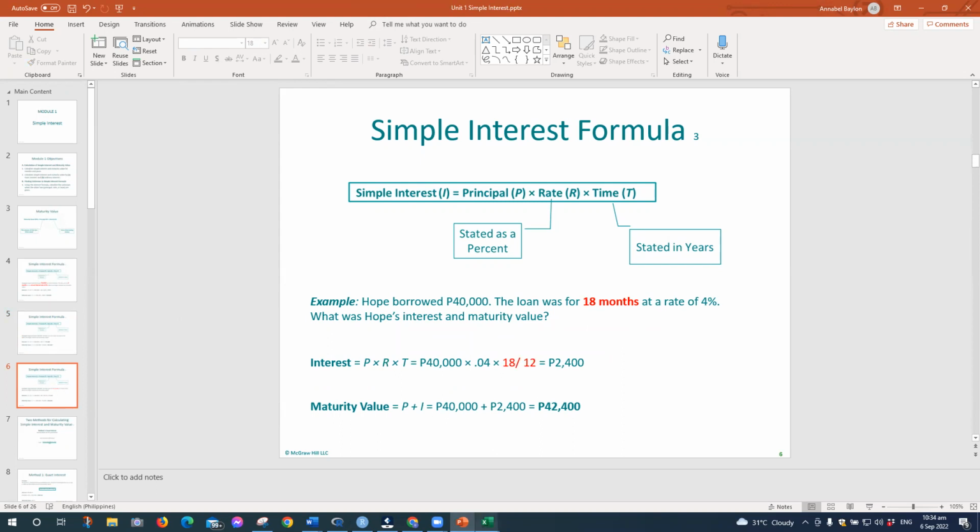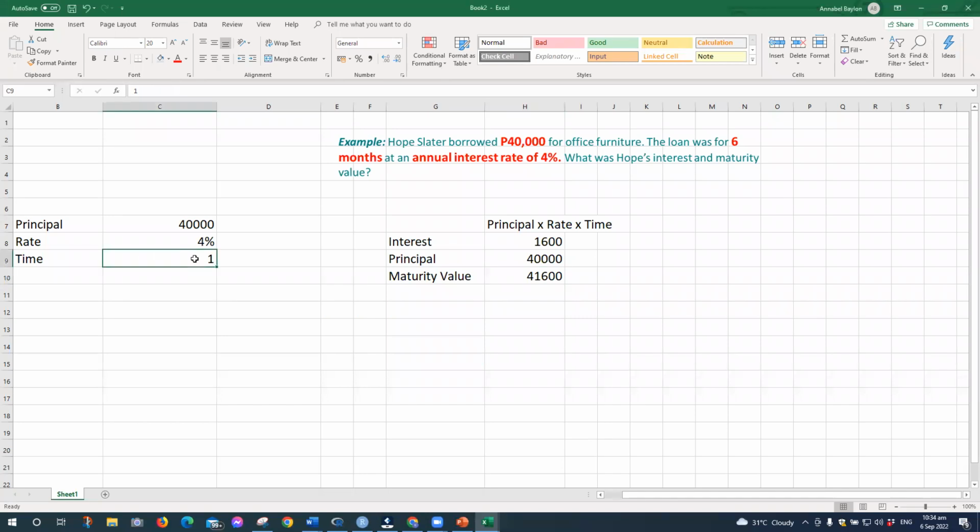So if we go to Excel, this time let me put here 18. Okay, this is 18 months, and I'll be changing this function F2. So this one will be C9, and then I'll divide by 12 again, because this is now in months.